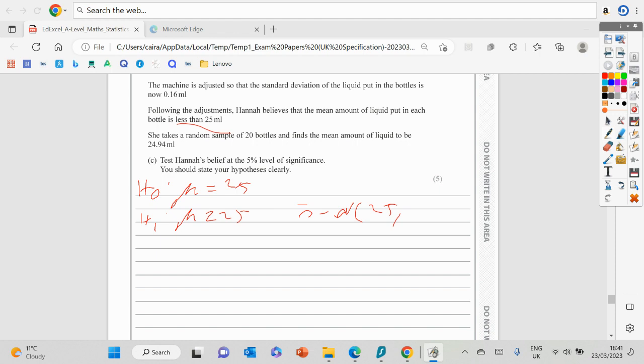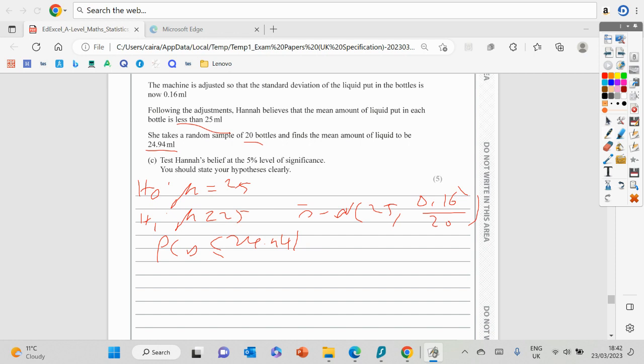So it says for normal distribution means sigma squared, X bar minus mu divided by sigma over root n. That will give you the coded one there. So it's just remembering it's sigma divided by root n here. So it's 0.16 squared divided by n, which in this case is the 20 that we've got there. So we can look at the probability that D is less than or equal to 24.94. That's nice and straightforward on our calculator.